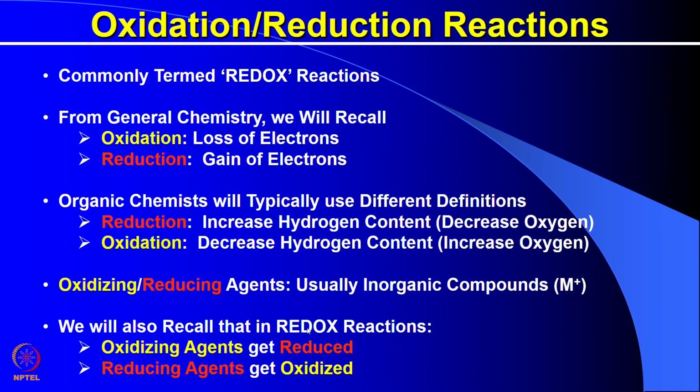In organic chemistry, we use various reducing and oxidizing agents, which are generally inorganic compounds containing oxidizable metal ions. We will also recall that in redox reactions, oxidizing agents get reduced and reducing agents themselves get oxidized.